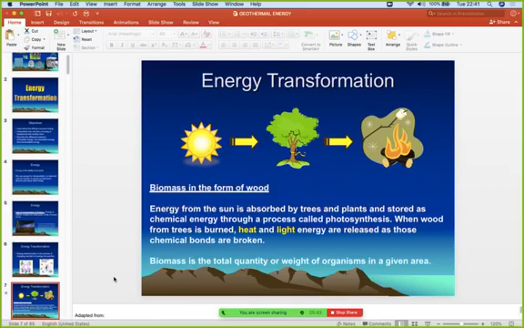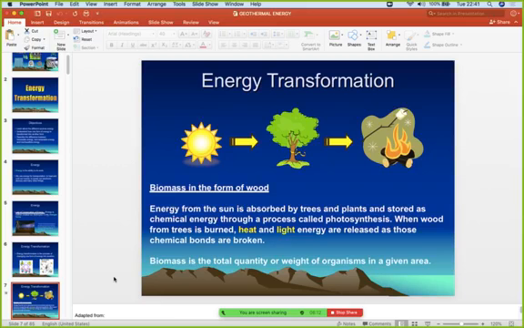This is a sample of an energy transformation. From the heat of the sun, it goes to the tree. Biomass in the form of wood: a biomass power plant utilizes wood as a means of fuel.